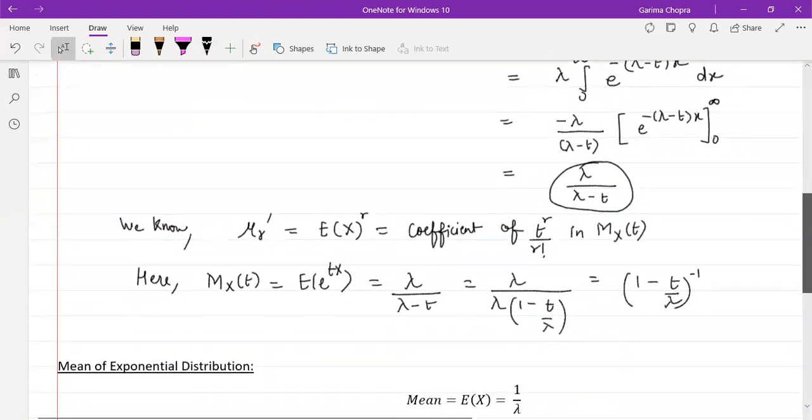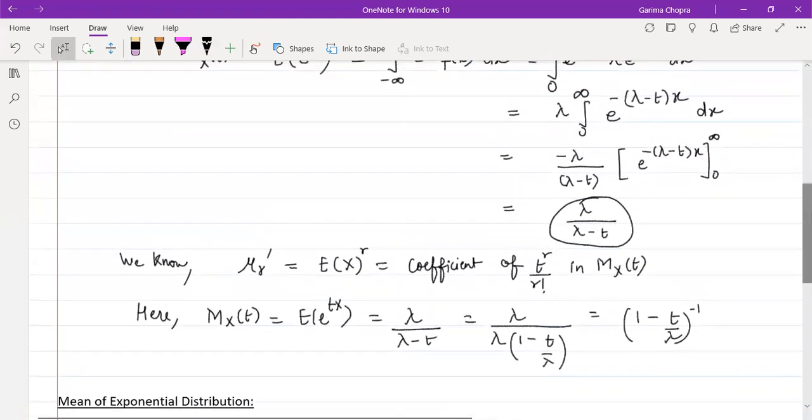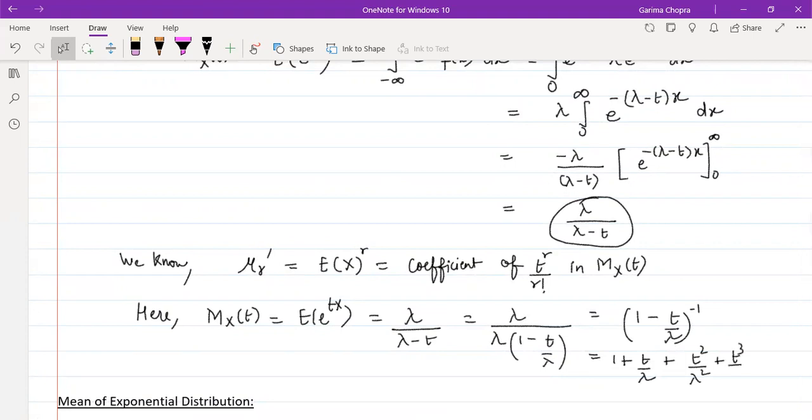And if we write down its series, then the series will be 1 plus t upon lambda, then t square upon lambda square, t cube upon lambda cube, and so on.